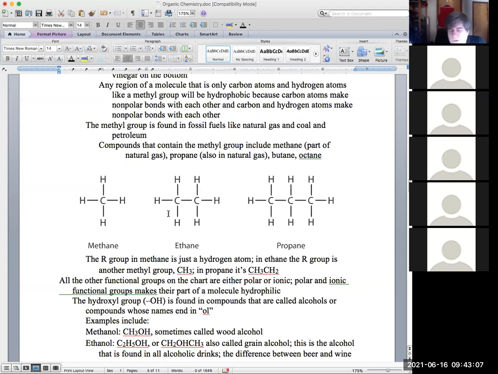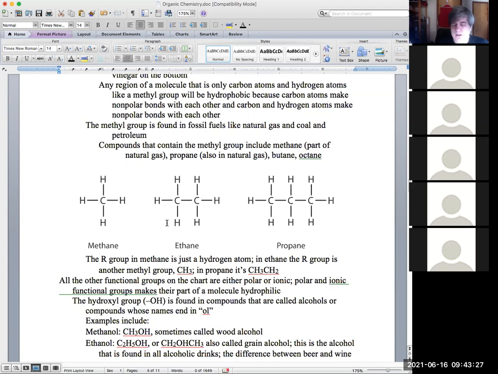So a lot of compounds that just have carbon and hydrogen are used as fuels. They're the main types of things that we find in petroleum, which we use to make gasoline. They're found in natural gas, they're found in coal, all sorts of things that we use as fuels.